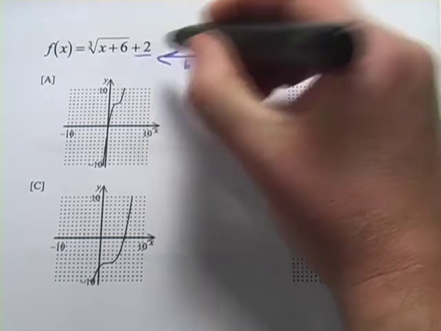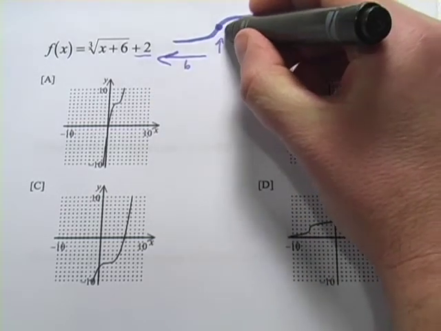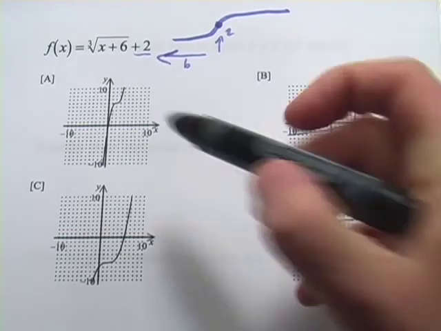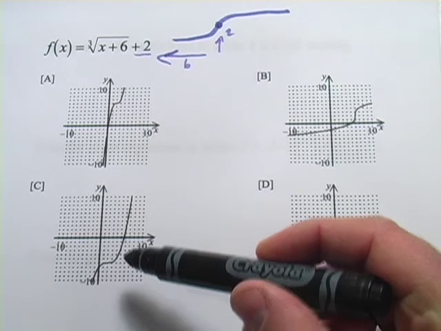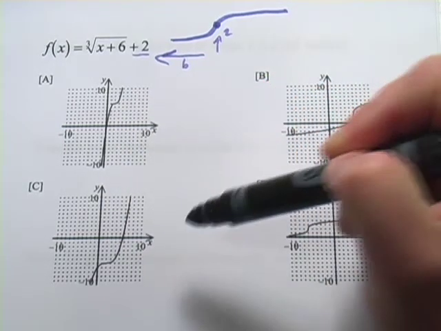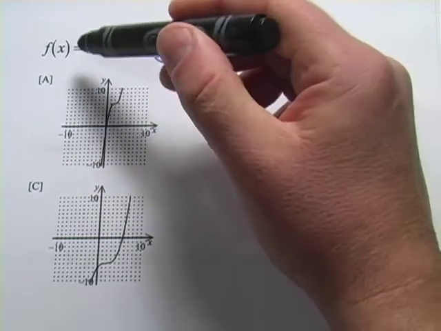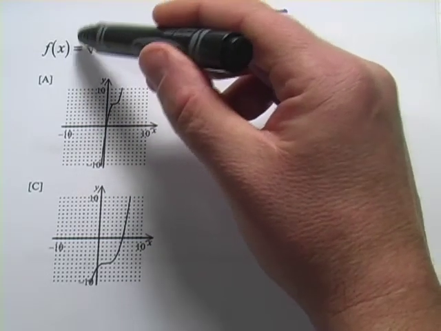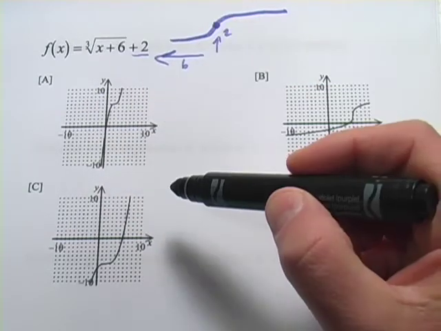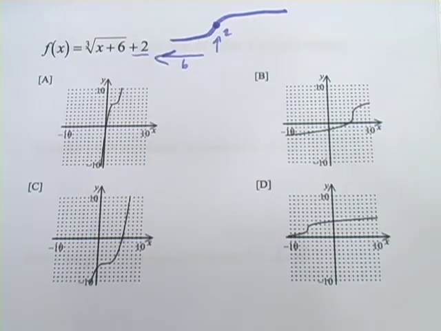When you do the plus 2 outside, you're going to move it up 2 spaces. So let's just glance at these and see which one would fit into that. A and C, it looks like the S shape has been flipped on its side or really squished together. And that would happen if you had some multiple outside the cube root sign, but it doesn't look like it's happening in what we've got here.